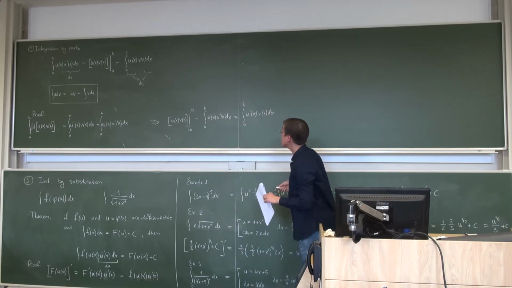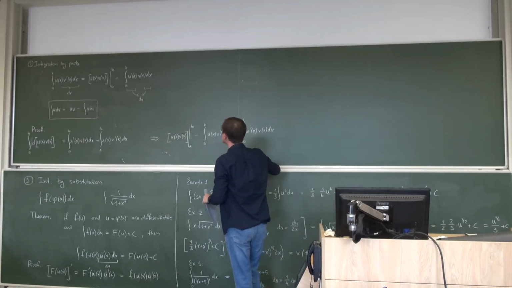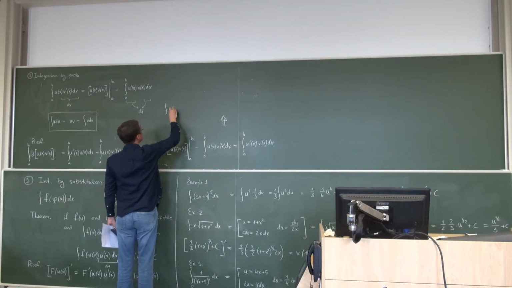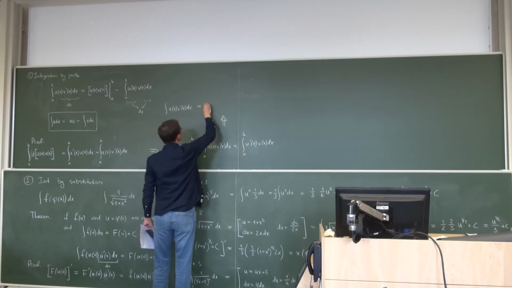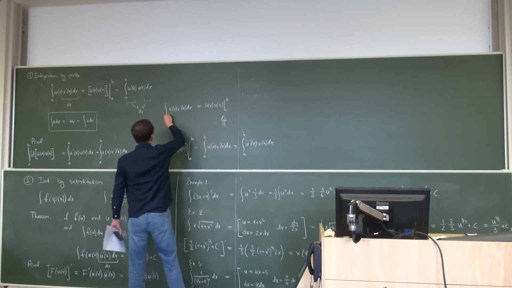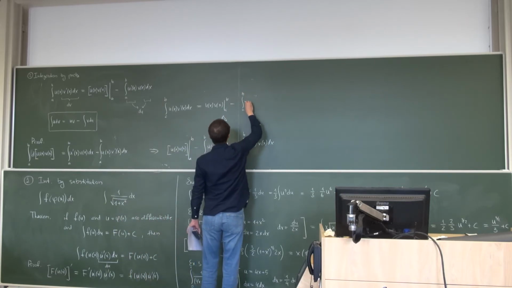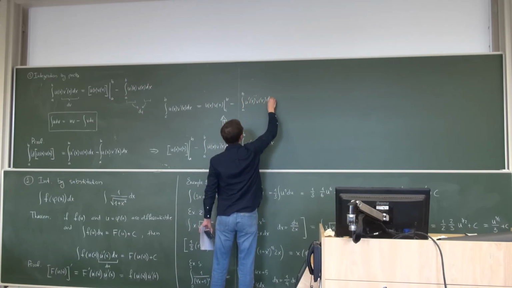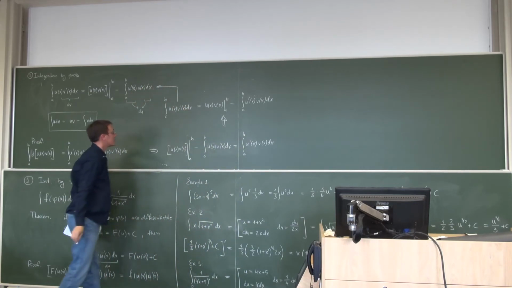And finally, if I just flip this around, what we get is the integral of u(x) v'(x) dx is u(x) v(x) from a to b minus the integral from a to b of u'(x) v(x) dx, and that's exactly the same as what we have there.